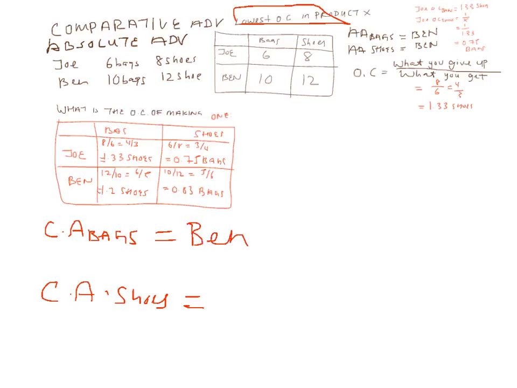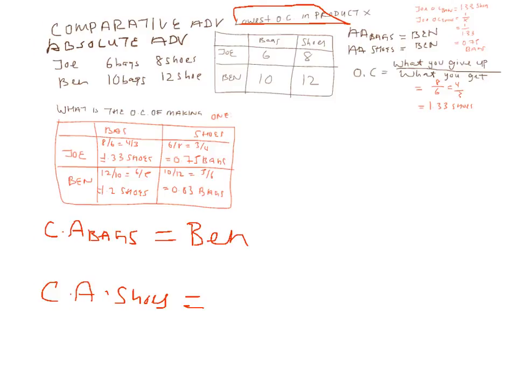And then who has the comparative advantage of manufacturing shoes? For Joe, 0.75 bags is given up when one pair of shoes is made. And for Ben, 0.83 bags is given up when making one pair of shoes. Who has the lower opportunity cost?